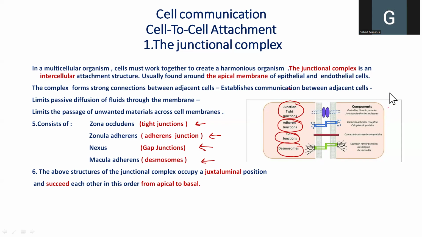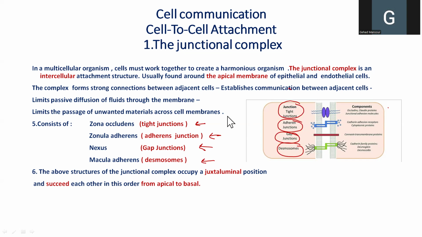In a multicellular organism, if we are talking about multicellular complex organisms, the cells must be attached to each other in order to work in a sort of harmony. The junctional complex is an intercellular attachment structure, meaning that it is an attachment structure between the cells.